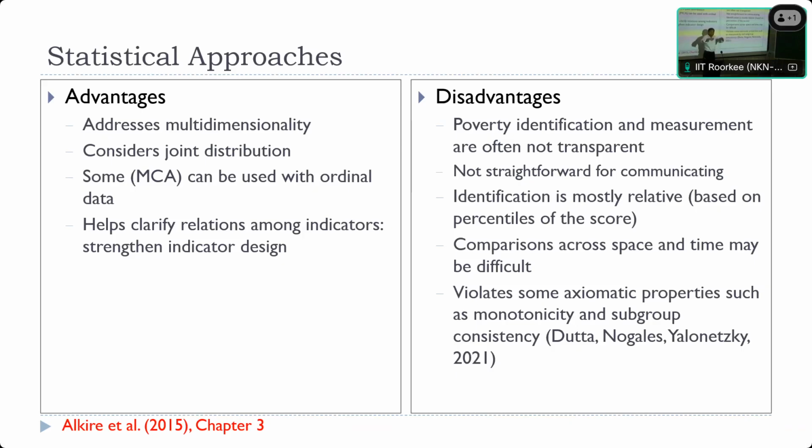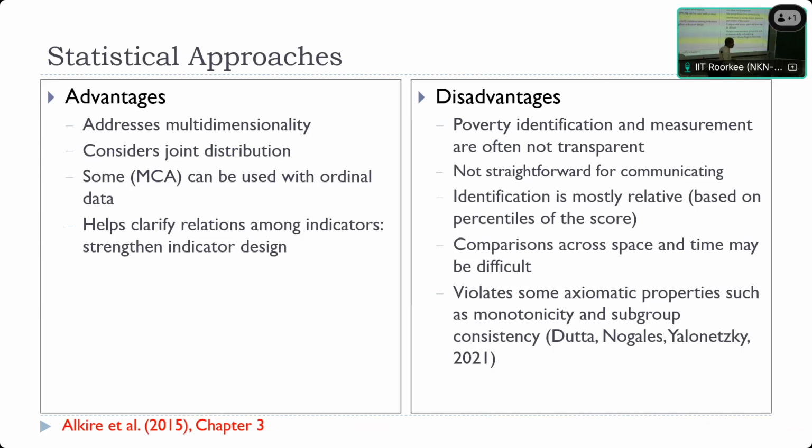You're asking the data to generate the weight itself, not coming from outside. And they show clearly that this violates monotonicity and subgroup consistency, which is kind of an extension. In our book chapter, we discussed them a little. They formally established that these clearly violate these two axioms. Now, if you violate monotonicity, imagine what you will get. Actually, the situation of the poor has improved, and you see poverty has worsened over time, societal poverty.